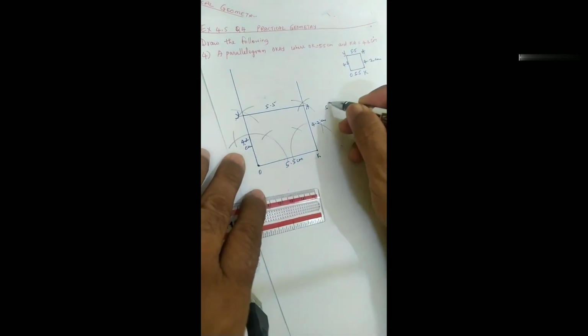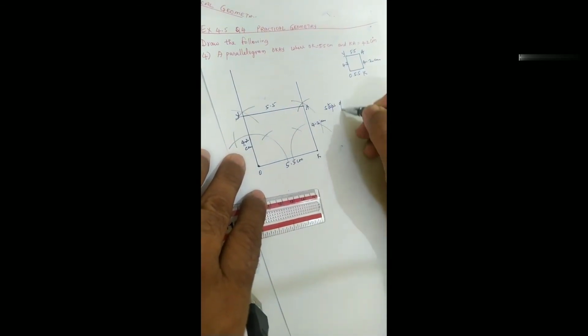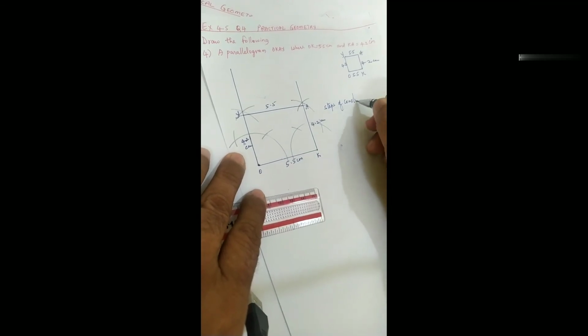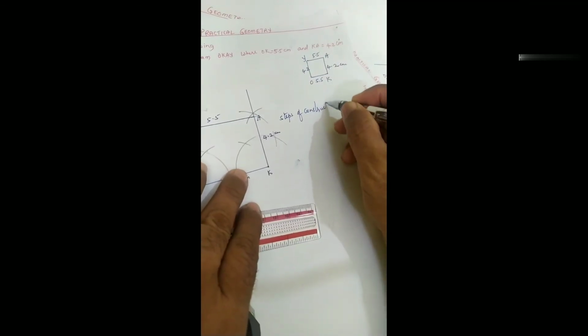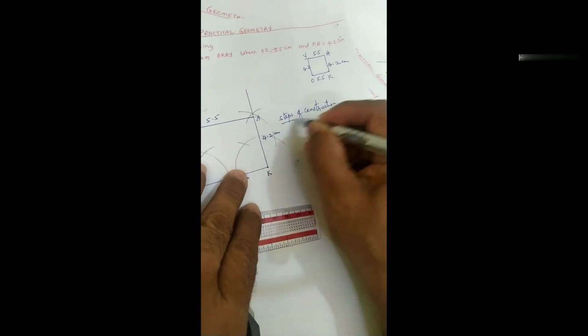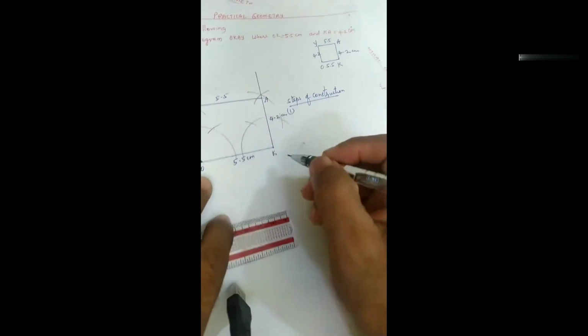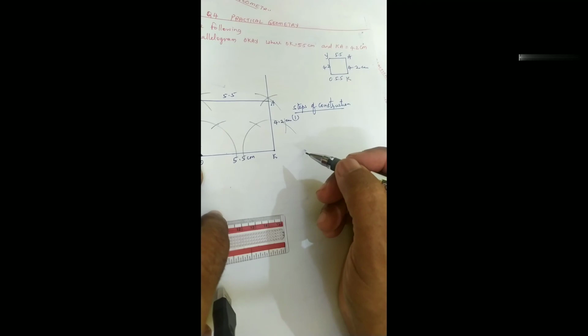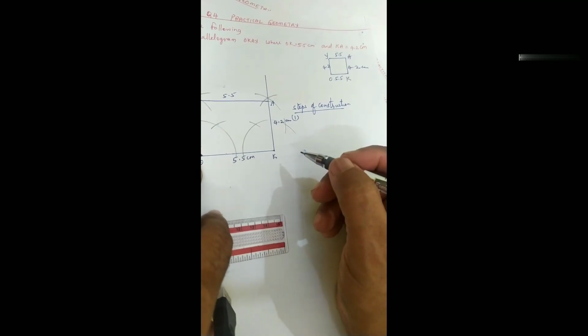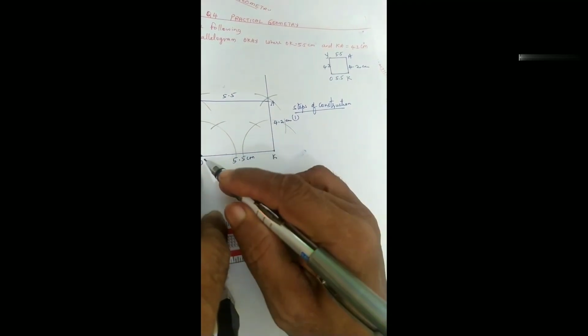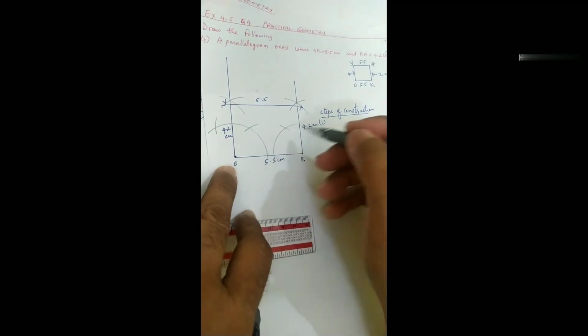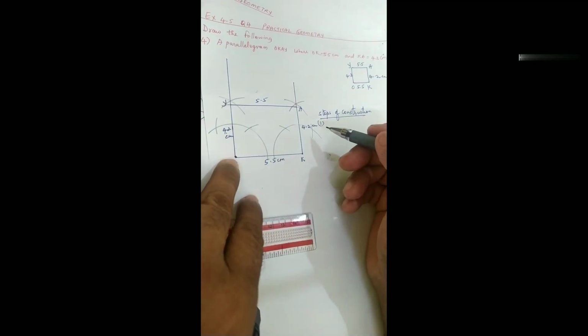Again the steps of construction. The first step, take OK, a line segment of 5.5 centimeters, from K and also from O construct a 90 degrees angle using the protractor.